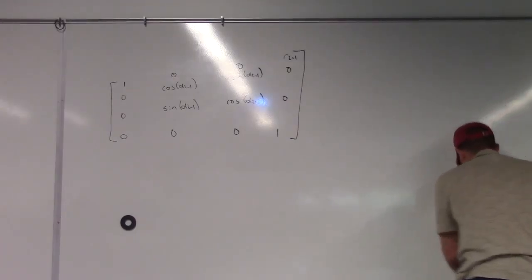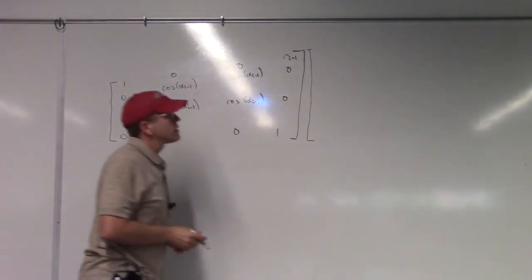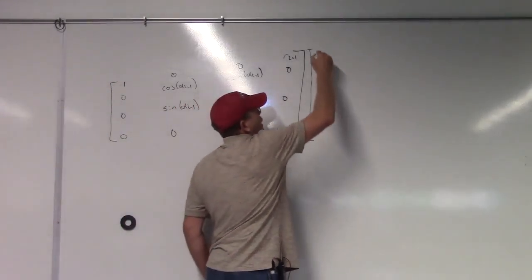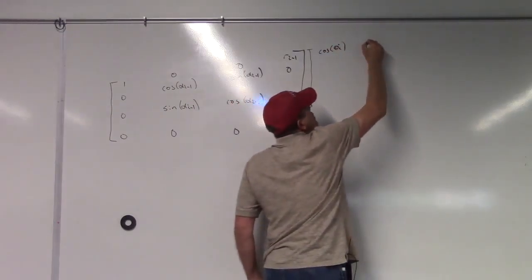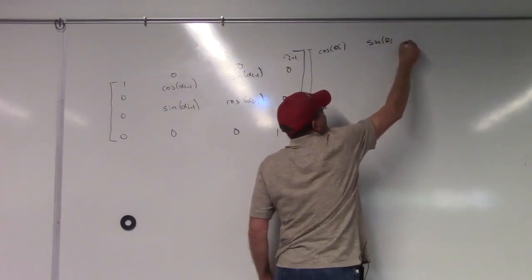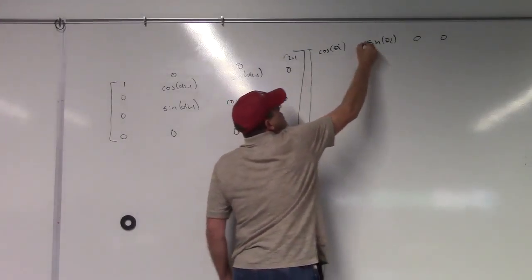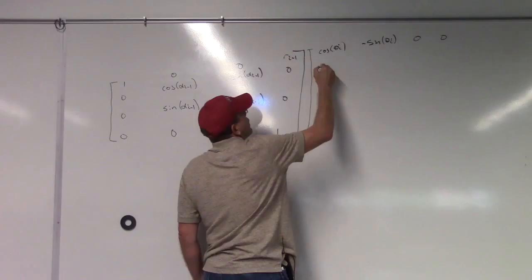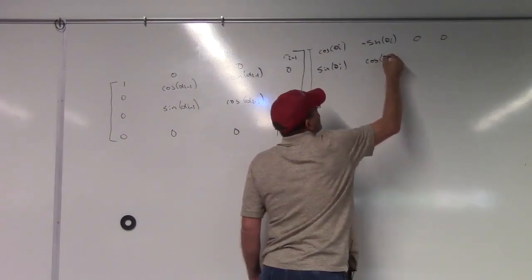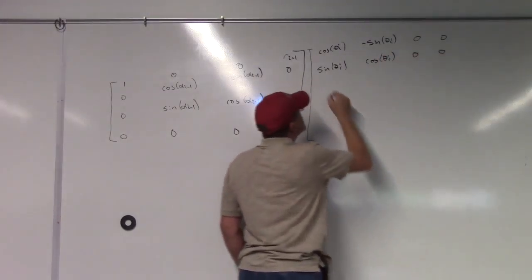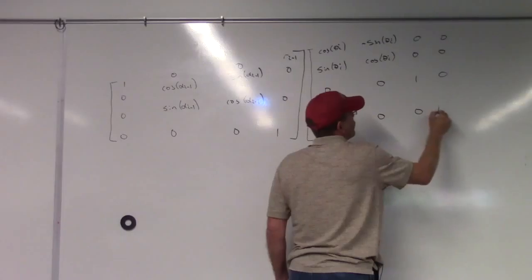Now to multiply that by our rotation about z with no offset, we then have cosine of theta i, sine of theta i, 0, 0, should be a negative there, and then a sine of theta i, cosine of theta i, 0, 0, 0, 0, 1, 0, and 0, 0, 0, 1.